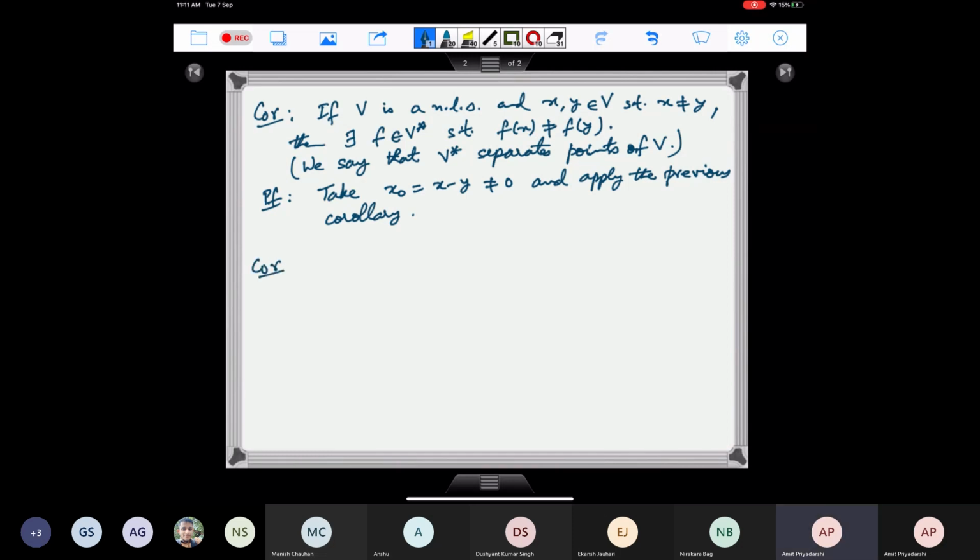Another corollary. Let V be a normed linear space and x be any point in V. Then norm of x is equal to the supremum of mod Fx, where the supremum is over all F in V star with norm F less than or equal to 1.